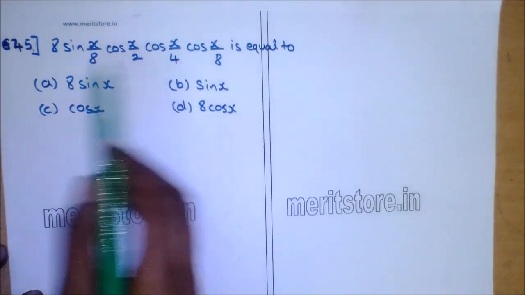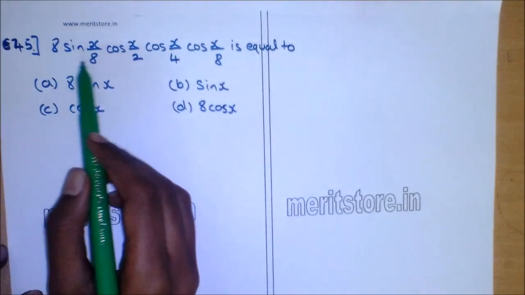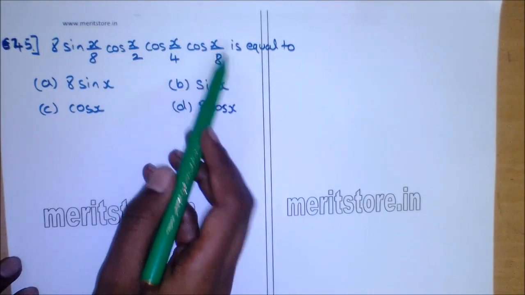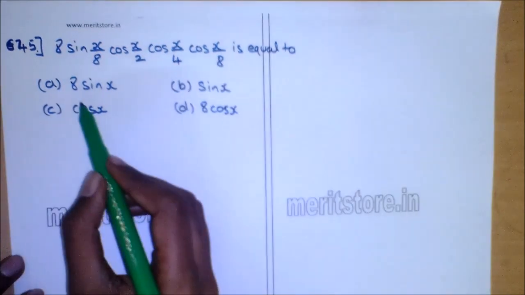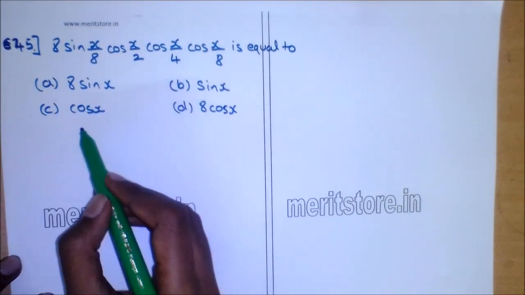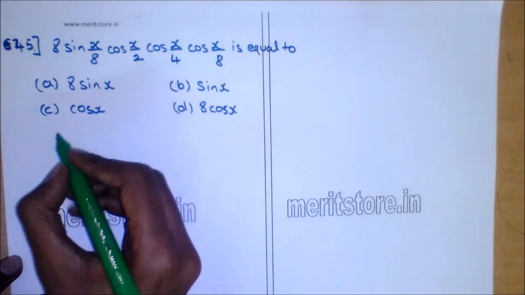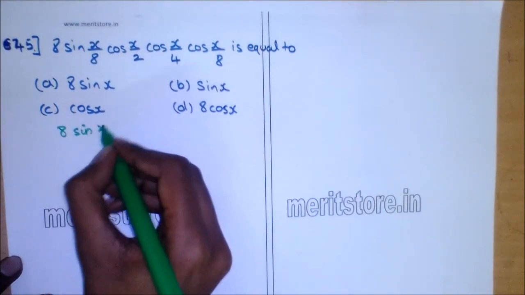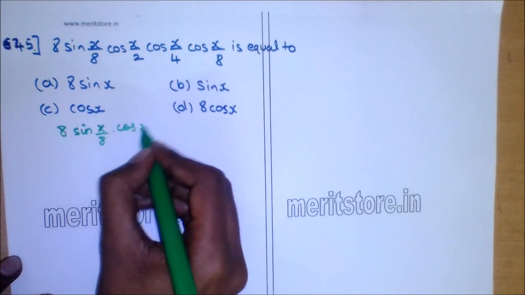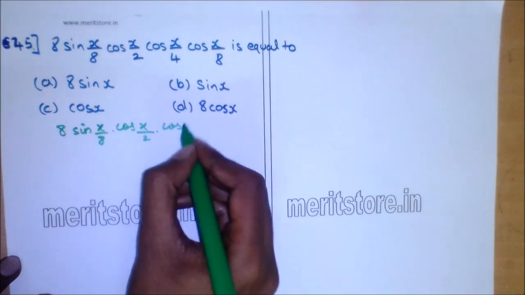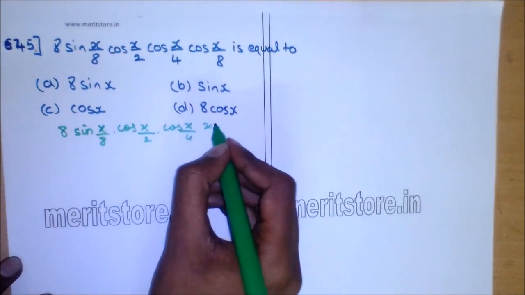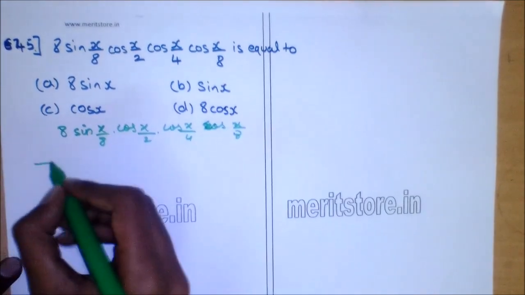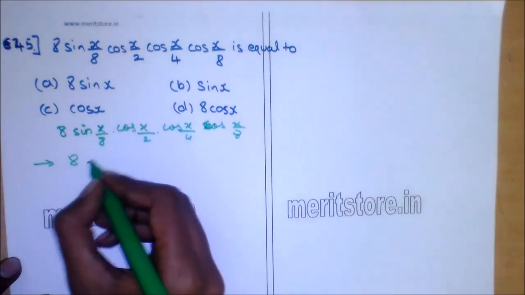The question is, we need to evaluate this 8 sin x upon 8 cos x by 2 cos x by 4 cos x by 8. So the options are 8 sin x, cos x and 8 cos x. We rewrite the expression 8 sin x upon 8 cos x by 2 cos x by 4 cos x by 8. We rearrange the terms.